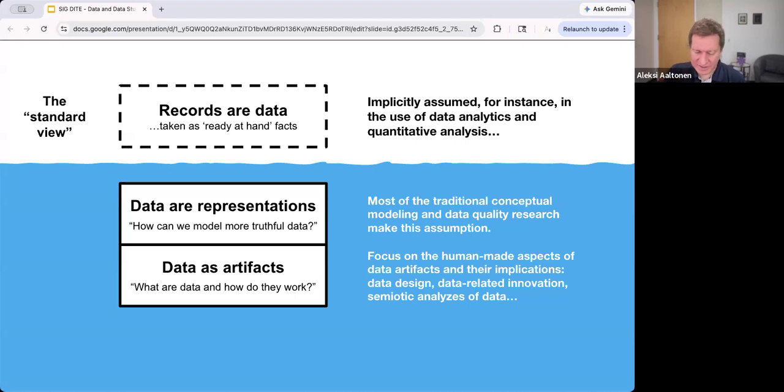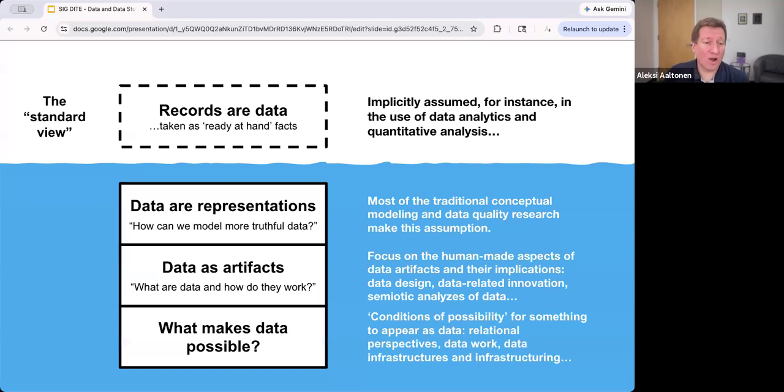And even below this, there are people who study what makes data possible, what makes it possible that something emerges as data for something. What might be called the conditions of possibility for something to appear as data. We have relational perspectives, we have data work, we have data infrastructures and infrastructuring.